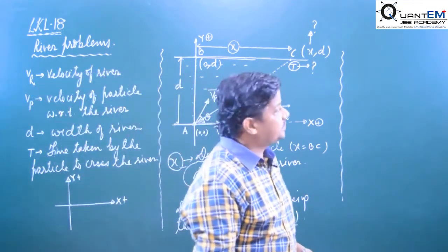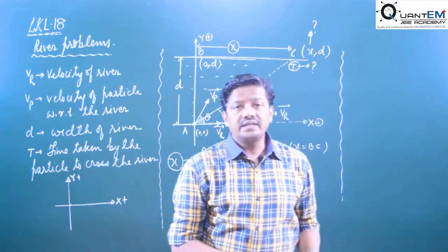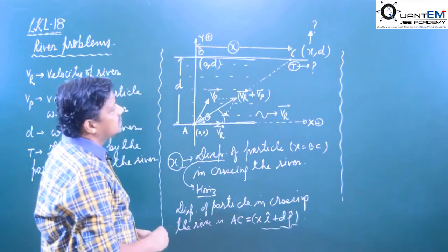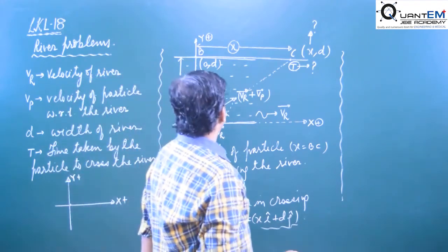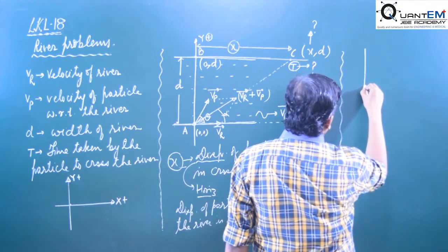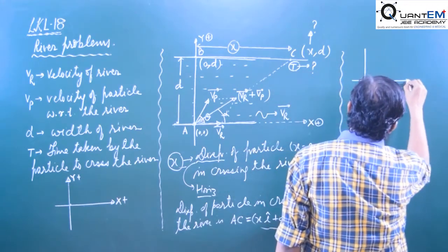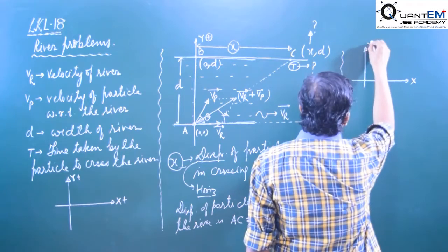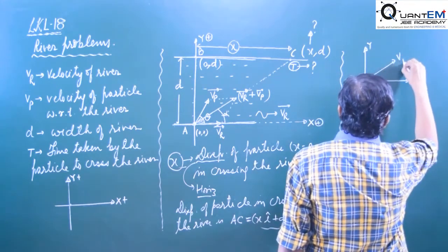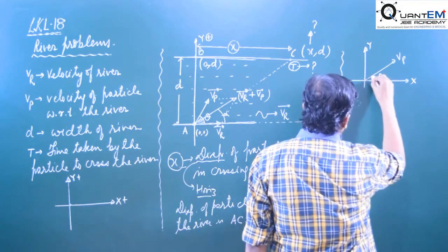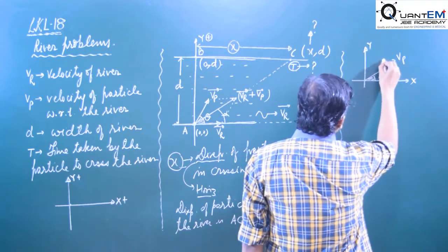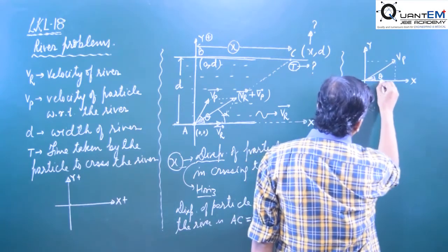Now we come to the conceptual part. So we get the velocity along x coordinate and velocity along the y coordinate. See, this velocity of particle is neither along x coordinate nor along y coordinate. That's why it must be resolved along the coordinates. This one is Vp, velocity of particle at an angle theta with the x coordinate. The component along theta will be in terms of cos.